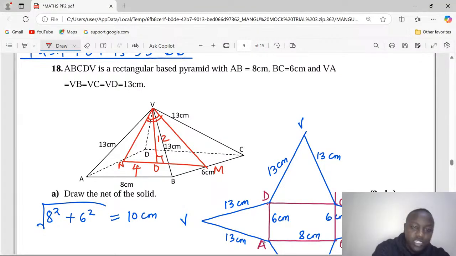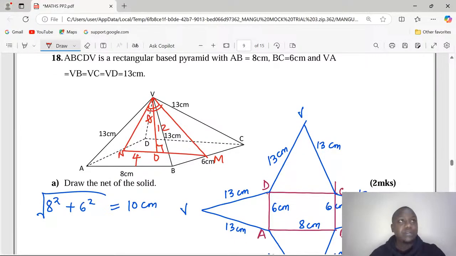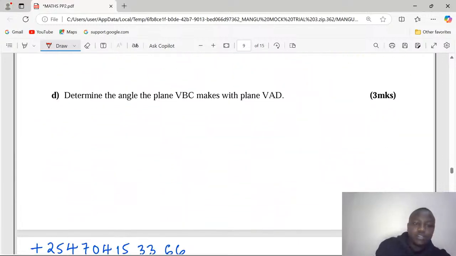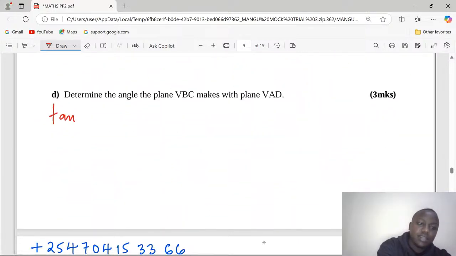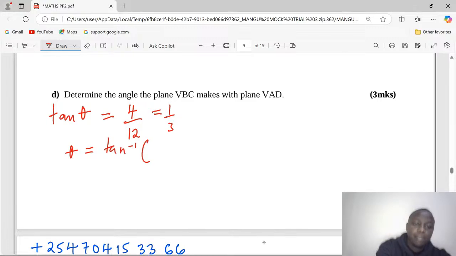The tan of theta equals the opposite length 4 over the adjacent length 12, which is a third. To get theta, we need the tan inverse of a third, which is 18.435.